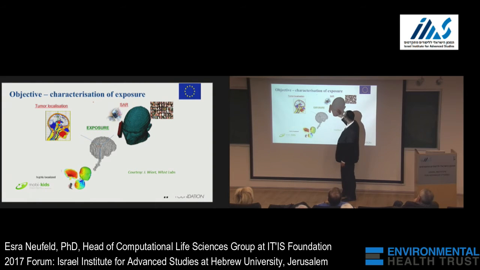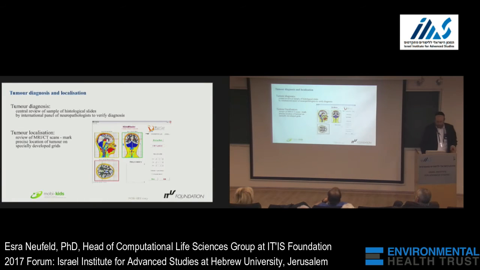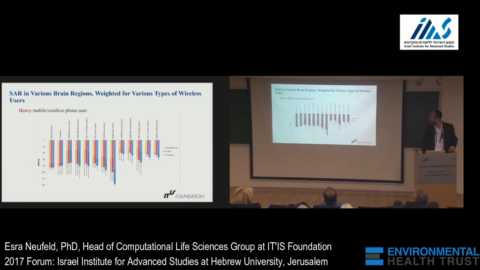And then you tell which areas get a certain type of exposure. But other people look at tumors and look at where they can find tumor lesions and put those ones in the grid. The idea is that you then search for correlation between the location of highest exposure or tissue highest exposure with location of tumors. To the best of my knowledge, they haven't found any strong correlations yet, but this is also still an ongoing project.